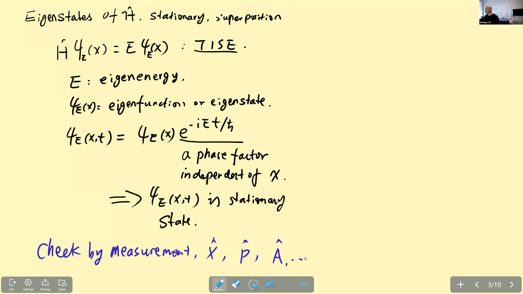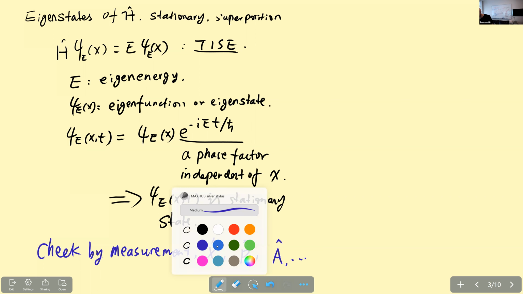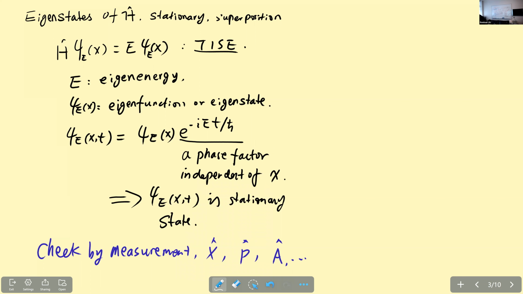Let's just consider x and p first, okay? And let's explain how this measurement should be done, okay? Okay, so this is important, okay? So the measurement of x at t, okay? And how do we do this measurement?